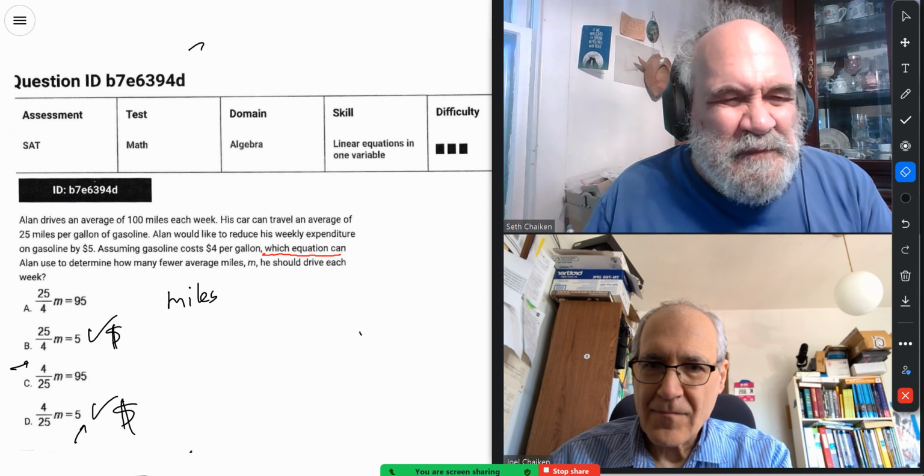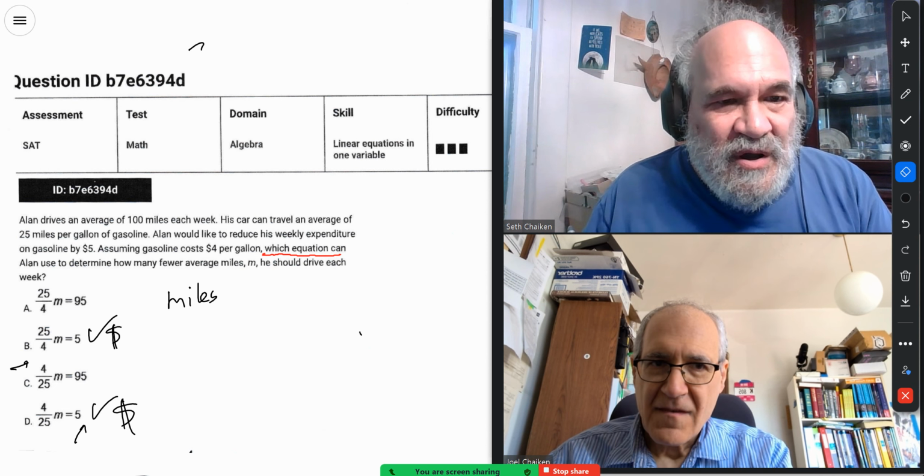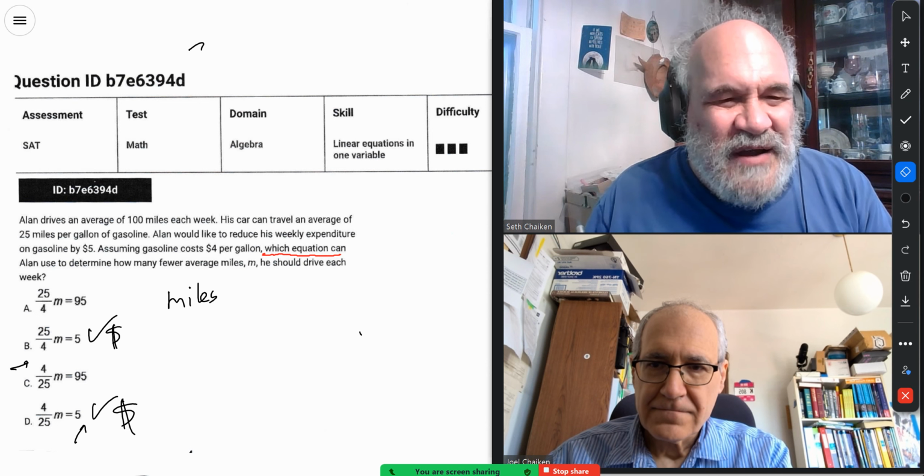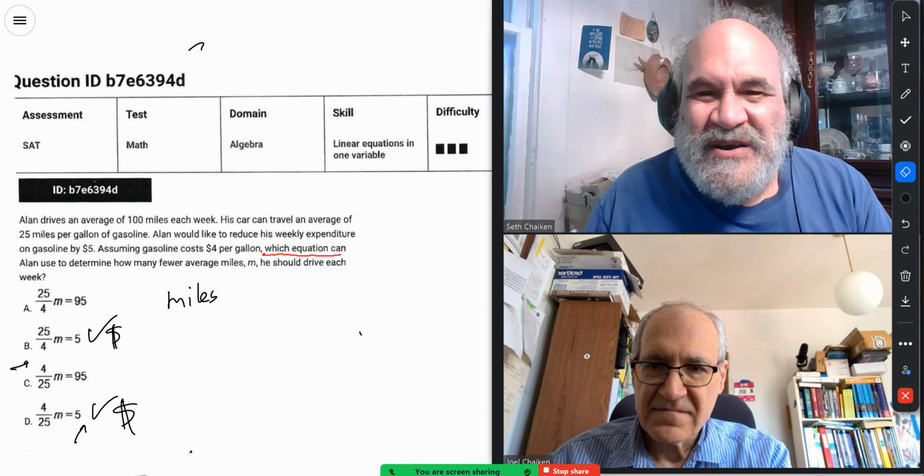One approach is to guess, or to figure out the interpretations of the given equations.